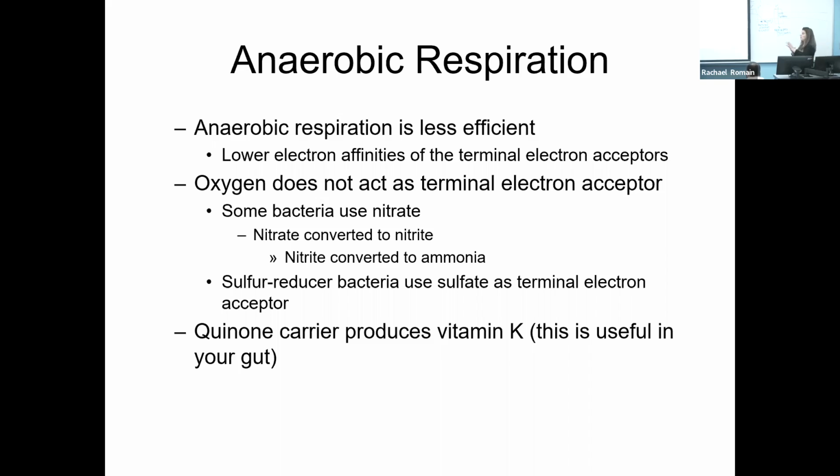These molecules give off other compounds, they do other things. So for example, E. coli growing in your gut actually uses a slightly different carrier molecule in the membrane. So these molecules that we drew embedded in the membrane there, it's got a different carrier component. It gives off vitamin K as a product from that process.